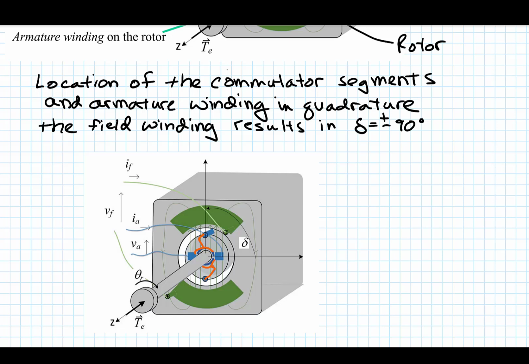And by orienting this so that this winding is essentially in quadrature, or 90 degrees out of phase with the field winding, what will happen is you will end up with this torque angle being equal to 90 degrees.